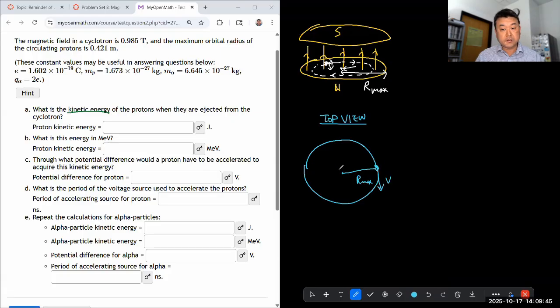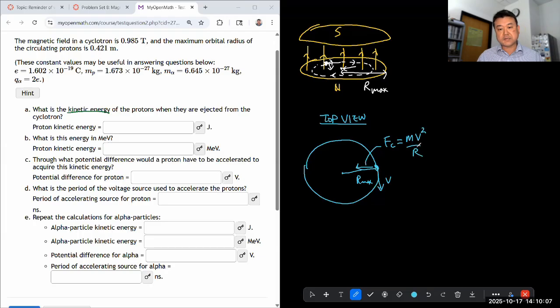The reason it's moving in circles is because there's a centripetal force on it. Call this Fc, and from circular motion kinematics, this is equal to mass times the centripetal acceleration, tangential speed v squared over r.